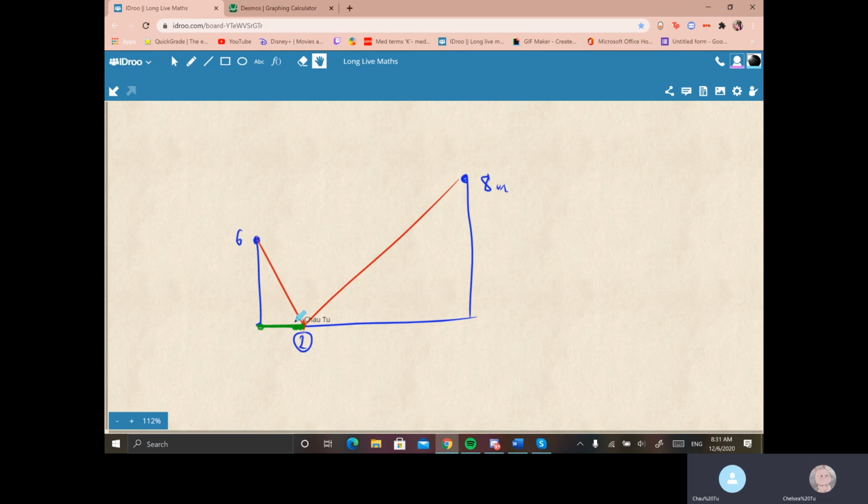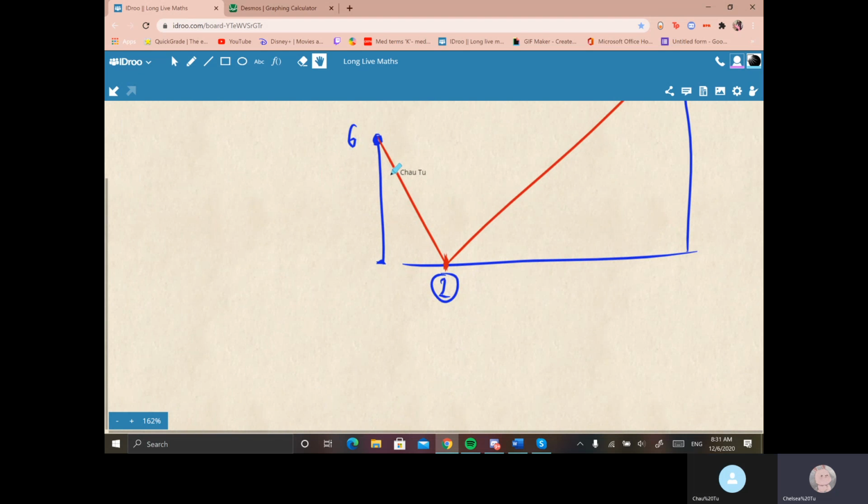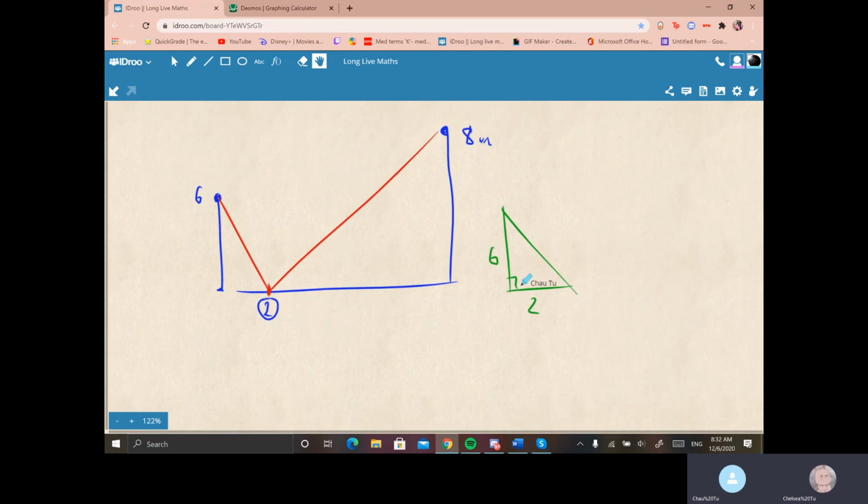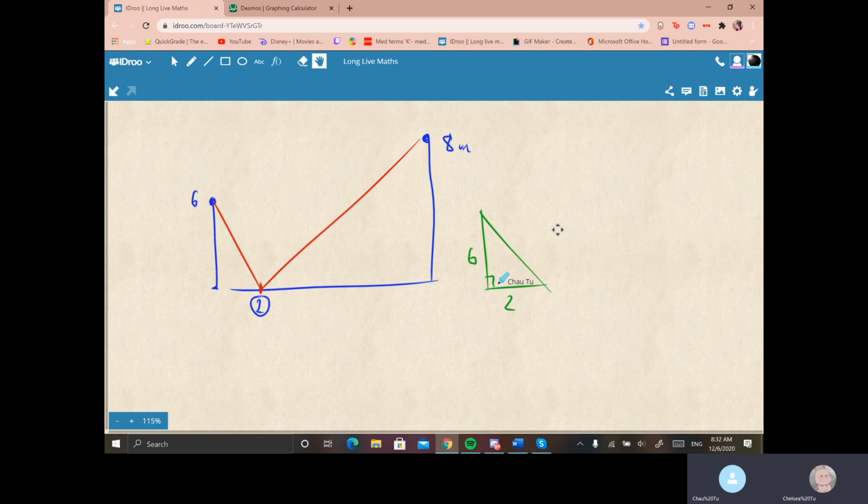That's 2 meters away. How do you work out the 12? You do Pythagoras. Yeah, Pythagorean. So it's like me asking you to work out the length of the hypotenuse when this is 6 and this is 2, and it's a right angle triangle. Can you see that? So look at x.